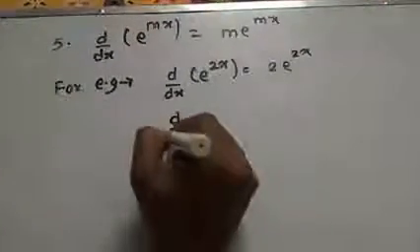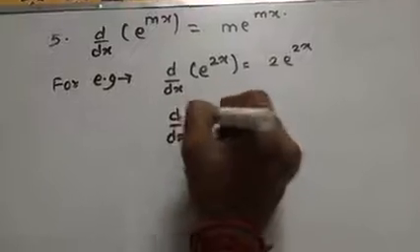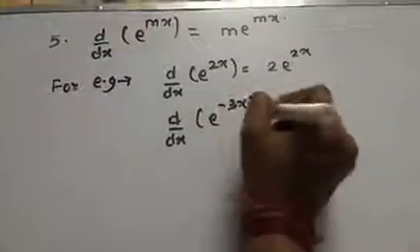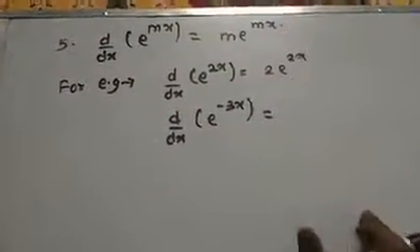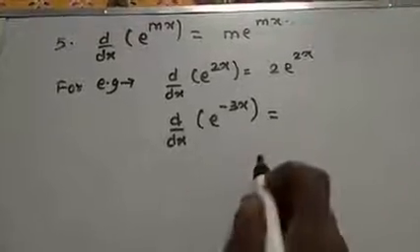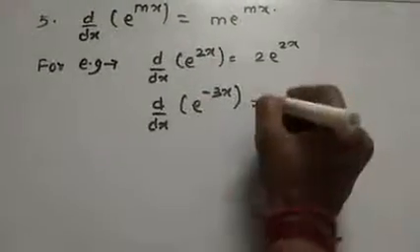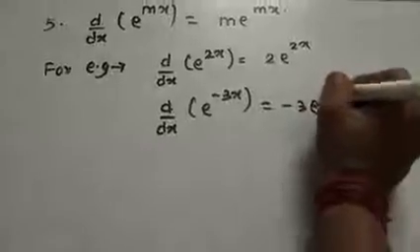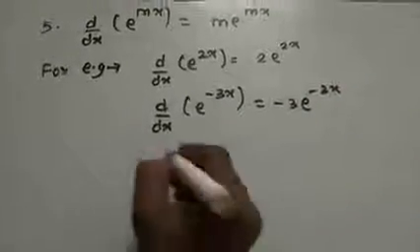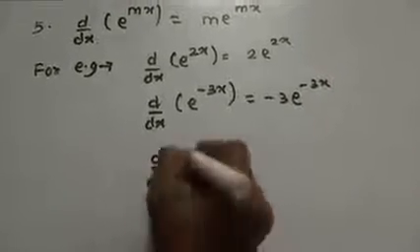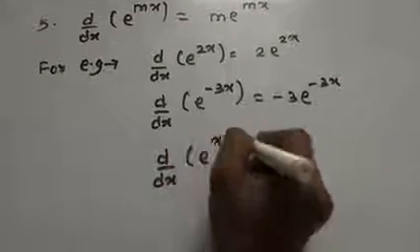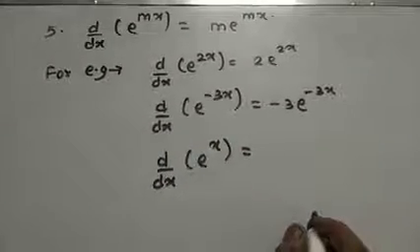If I say d dx of e to the power minus 3x, what is the m here? For this particular case, the m is minus 3. So using the formula, minus 3 e to the power minus 3x. Again, if I say d dx of e to the power x, what is the m here? 1.